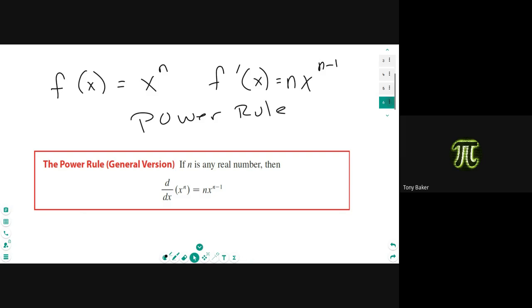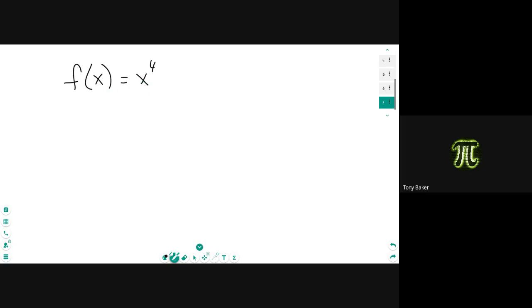So if we didn't want to have to go through all that, I gave you f of x equals x to the fourth, we instantly know, based on that rule, that the answer is 4x to the third with no extra work.